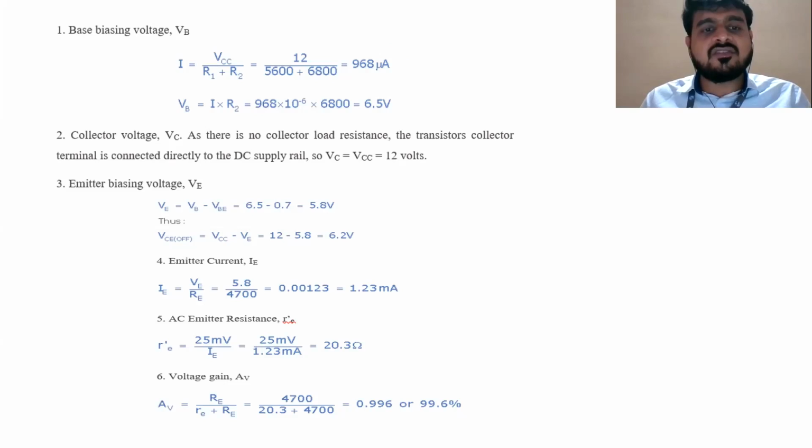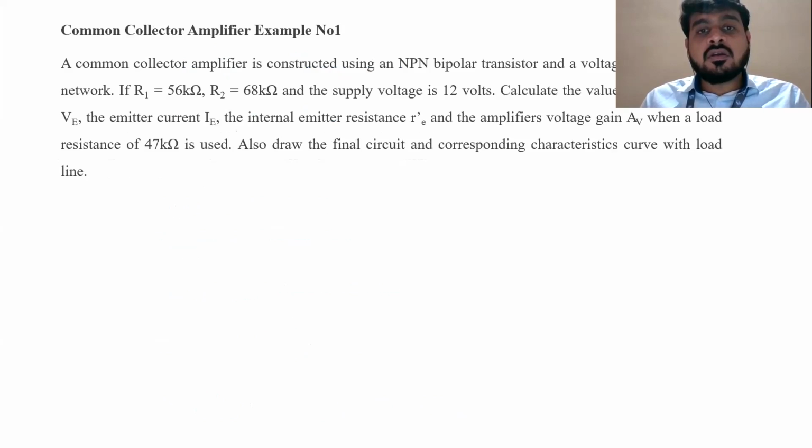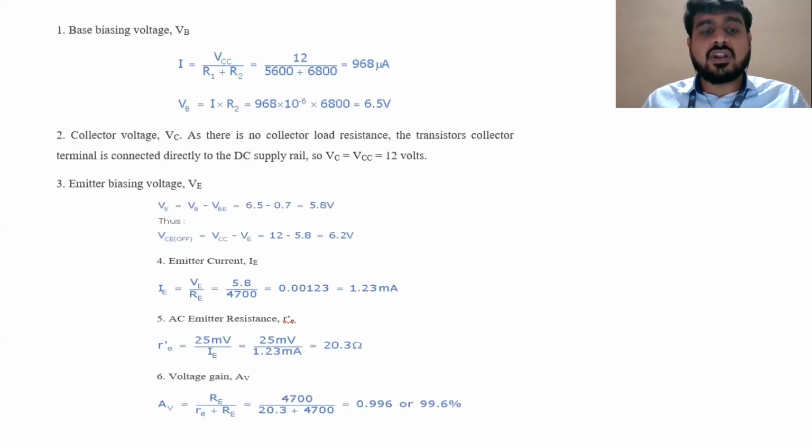Then the AC emitter resistance. What do I have to use? Voltage divided by current. But which voltage do I have to use? The normal silicon transistor voltage, which is 25 millivolt, divided by IE. Whenever it is asking for AC parameters, you have to talk about the AC parameters.